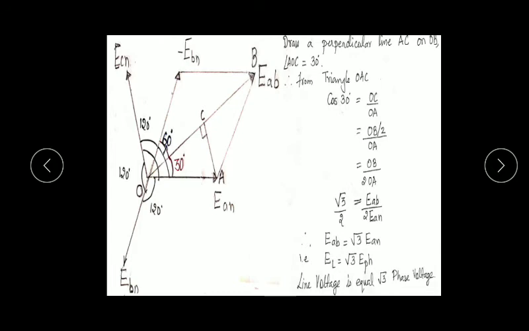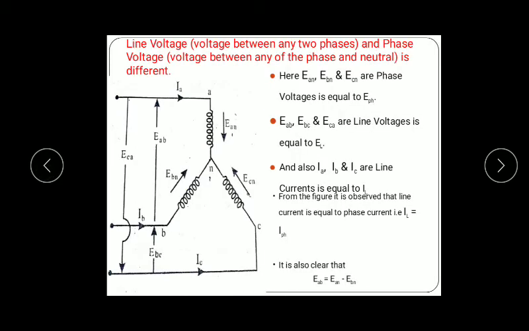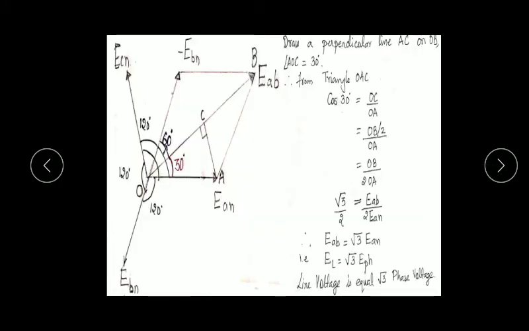So we need to draw a vector diagram for this. So the condition is that EAB is equal to EAN minus EBN. As I said, the three RMS voltages or the three windings should be kept in such a way that they should have a phase difference of 120 degree with respect to one another.